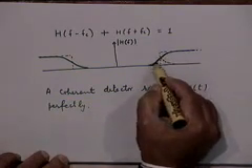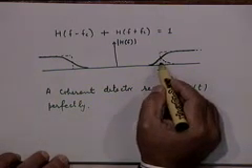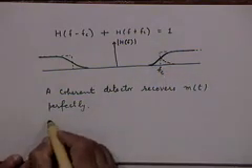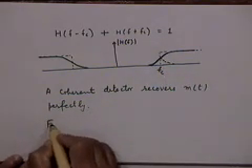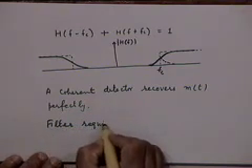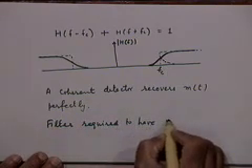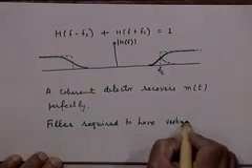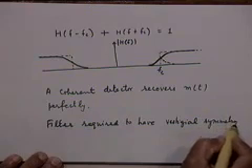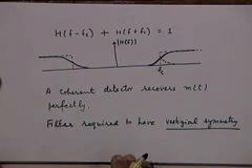So there is a kind of symmetry involved around fc, and this kind of symmetry that you want the filter to have is called vestigial symmetry. So the filter characteristics must have this vestigial symmetry.